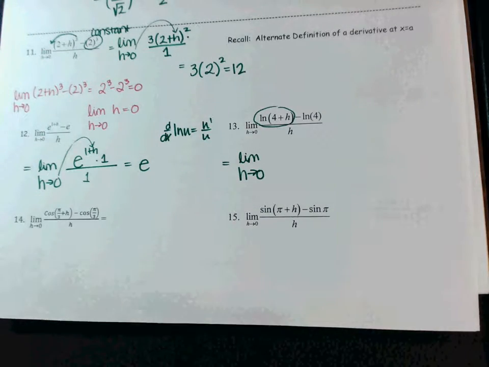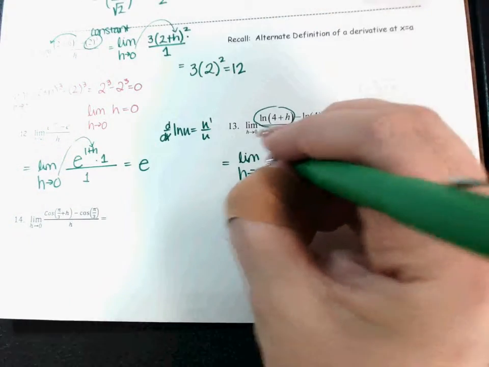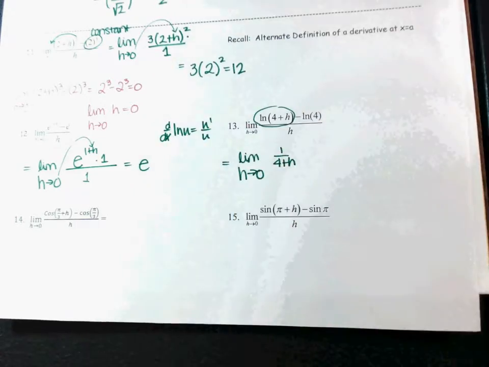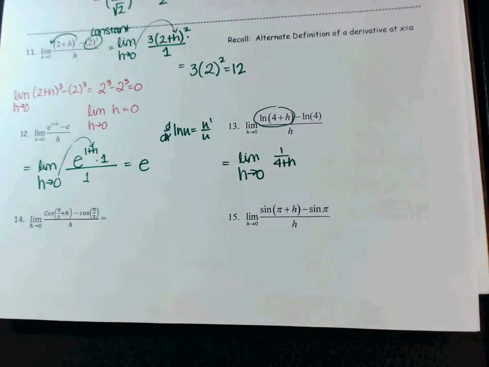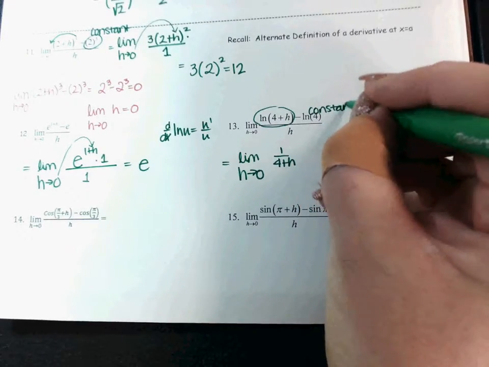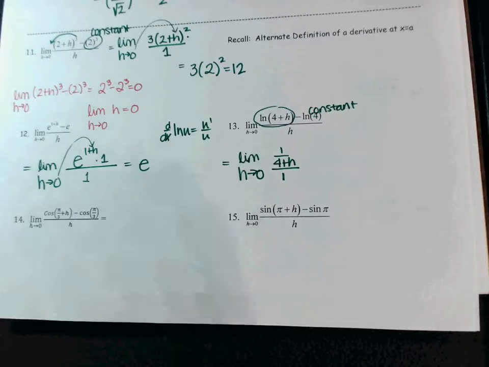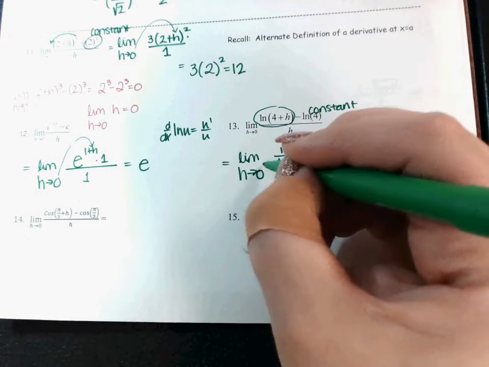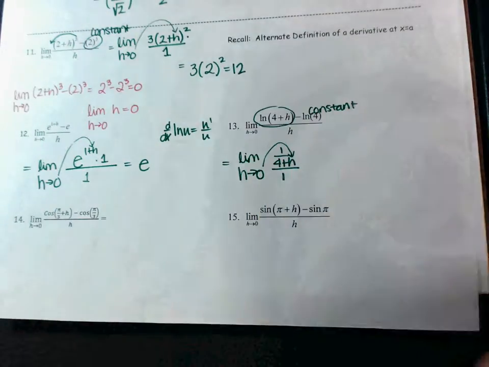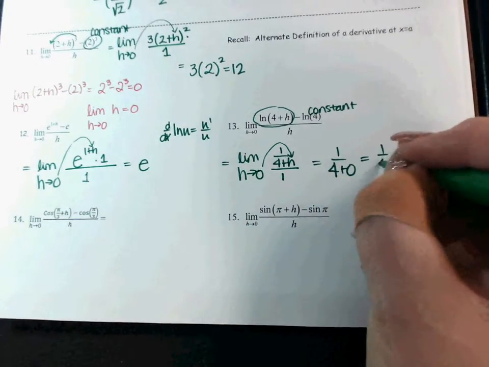So what's the derivative of u if it's 4 plus h? It would be 1 over 4 plus h. What's the derivative of ln 4 if it's a constant? 0. What's the derivative of h on the bottom? 1. Then I plug in what? I plug in 0. And I get 1 over 4 plus 0, which is a fourth.